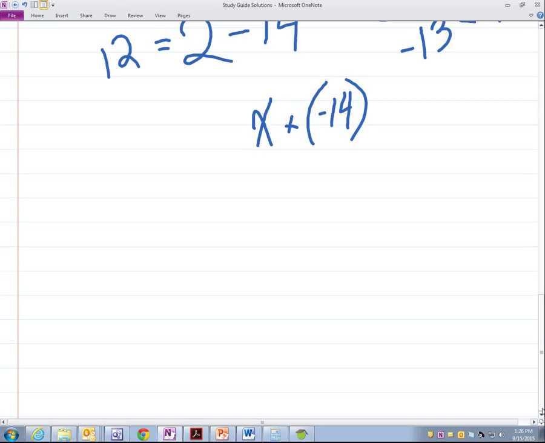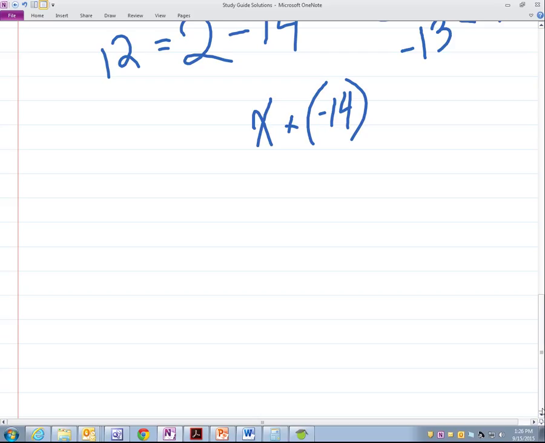Number 36, you might have 27 is less than y, or y is greater than 27. Number 37, we have f is greater than negative 4.